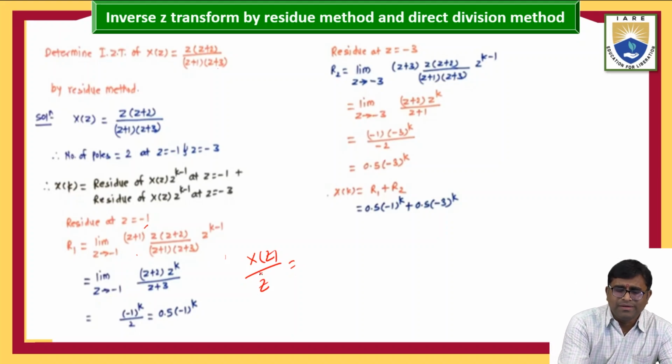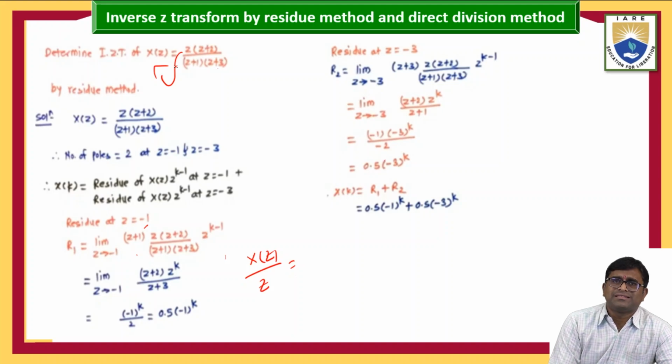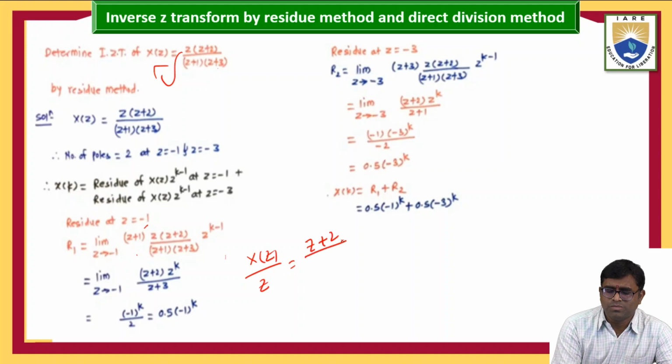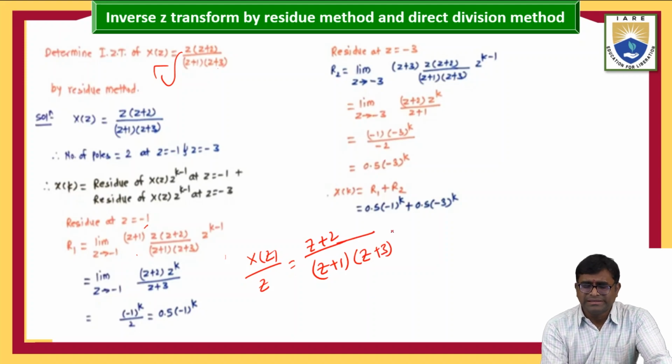That's why the z goes from the RHS to the LHS, so it comes as the denominator. So the RHS will be z plus 2 by z plus 1 into z plus 3.